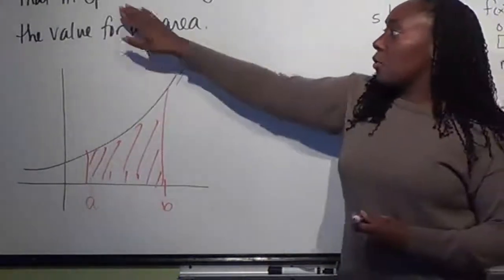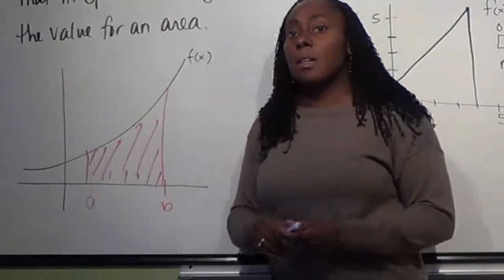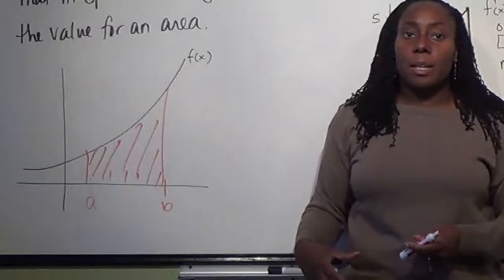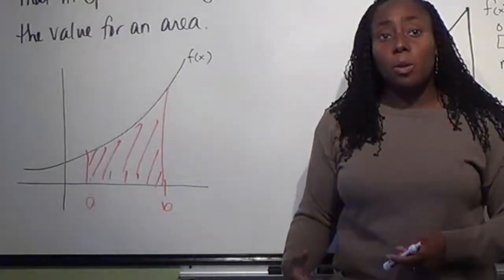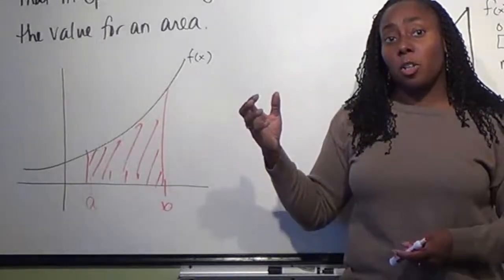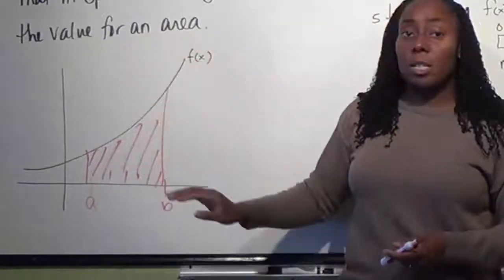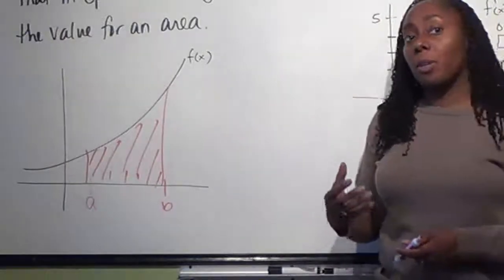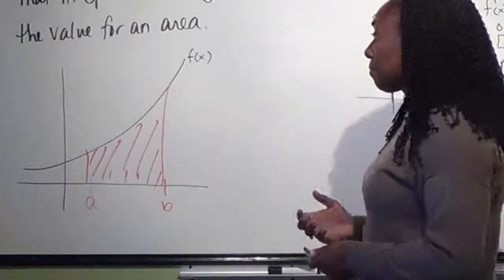And the reason I say it's for specific cases is because if my function f is not entirely above the x-axis on that interval, or if there's more than one function that I'm looking at, so maybe there's an f and a g, it's going to take a little bit more to figure out what the area is going to involve. Okay.